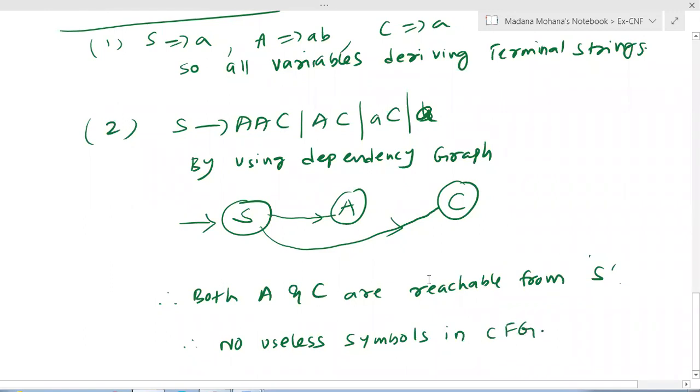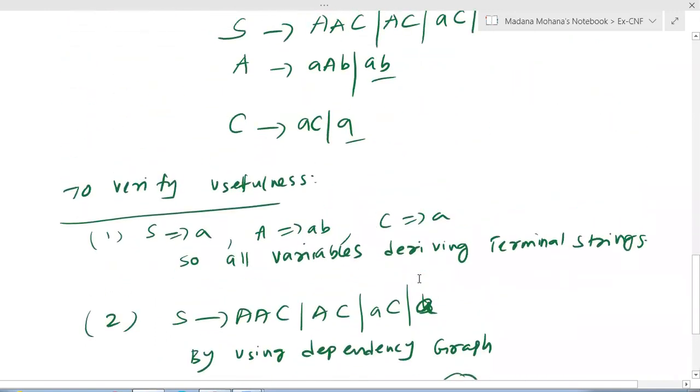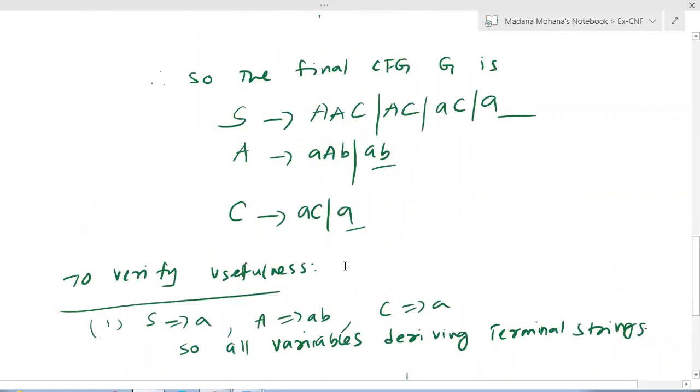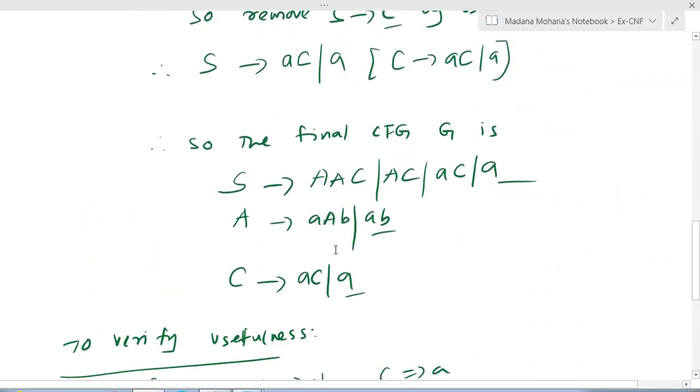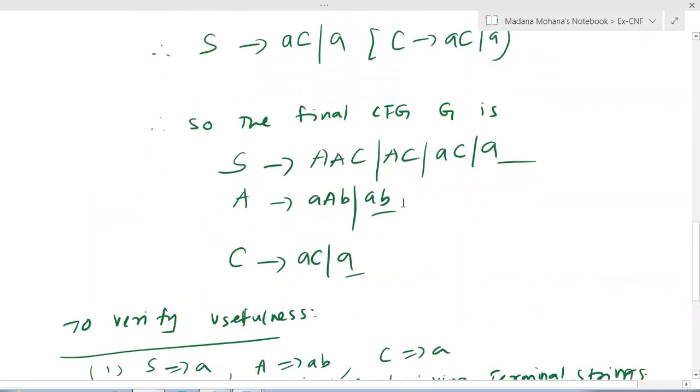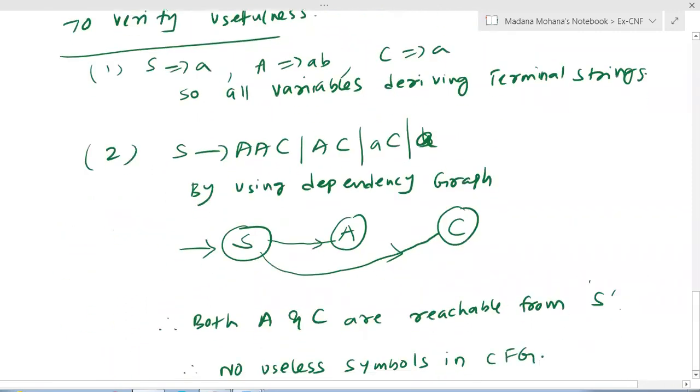Okay, now this is the outcome of step 1 after removing all epsilon productions, all unit productions, and useless symbols. But here there are no useless symbols. Now we can proceed to step 2. Now this is the final grammar.